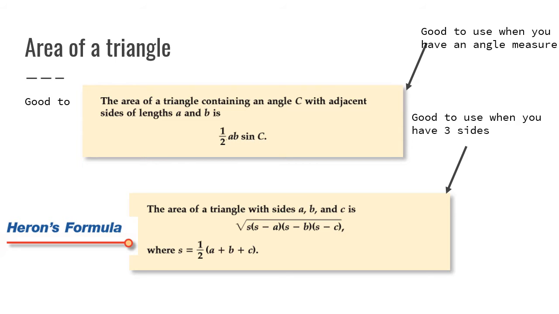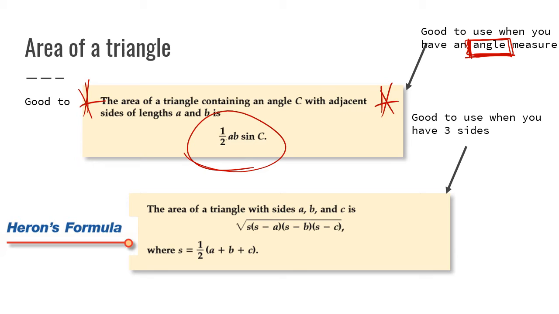All right, so let's talk about the two equations that you need to know. The first equation is good when you have an angle measure. When you have at least one angle measure, you want to use this one. It says you can find the area of a triangle by doing 1/2 side A times side B times sine of angle C. So if you have two sides and one angle, it's best to use that one.